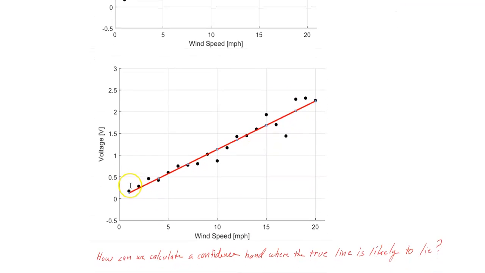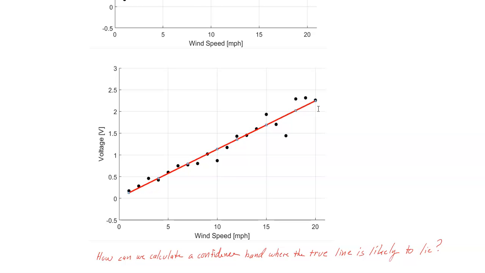But then we can plot our line that's described by m-fit and b-fit. And so we get this red line here. So this is our best estimate of the linear fit. It may not be representative of the actual linear relationship in the sensor.